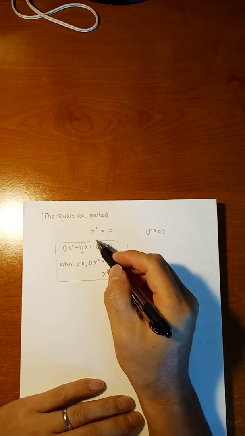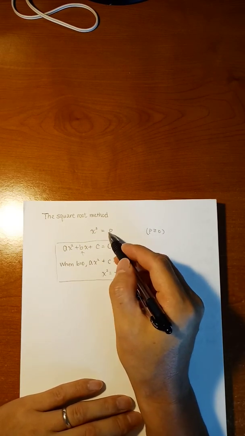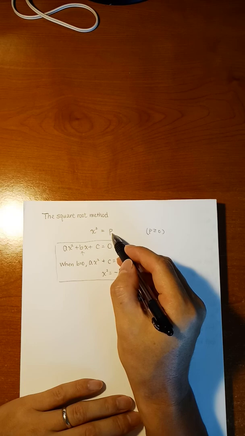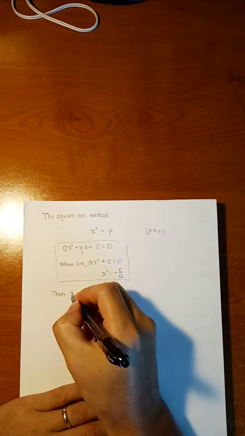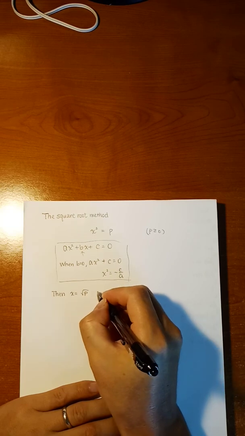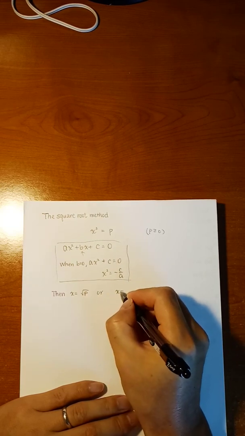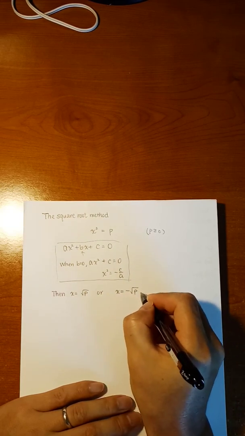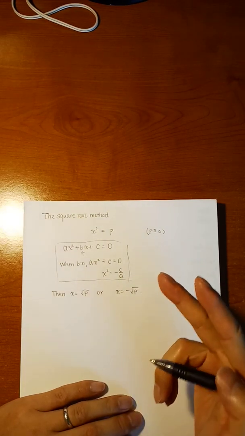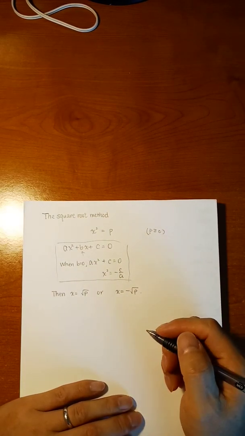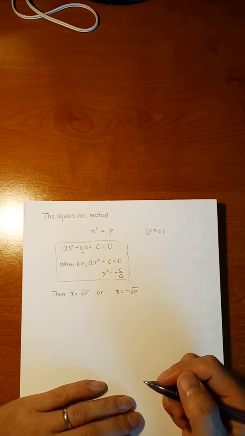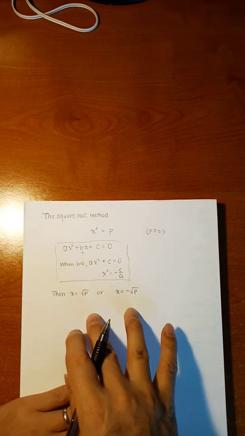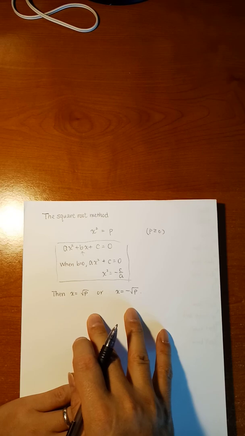So what is the solution for this? We all know that if the square of x is p, then x is the square root of p, or x is negative square root of p. There are always two square roots. One is positive, the other one is negative. Okay, so we completely solve this problem.